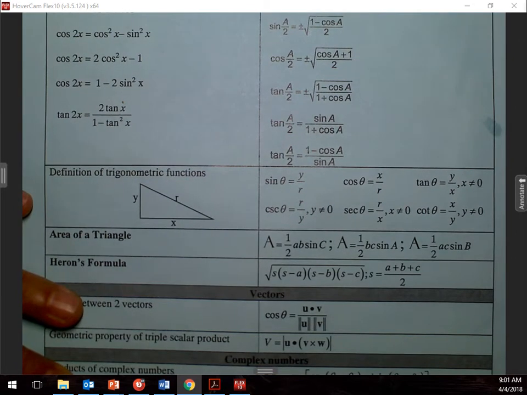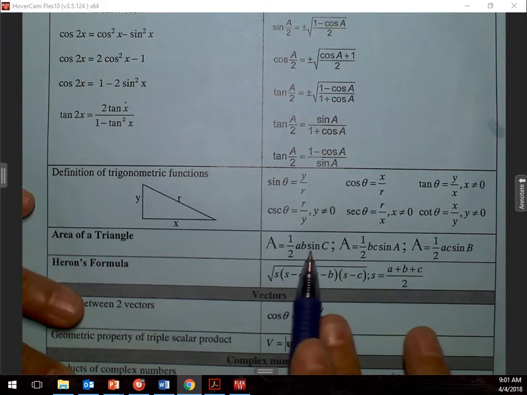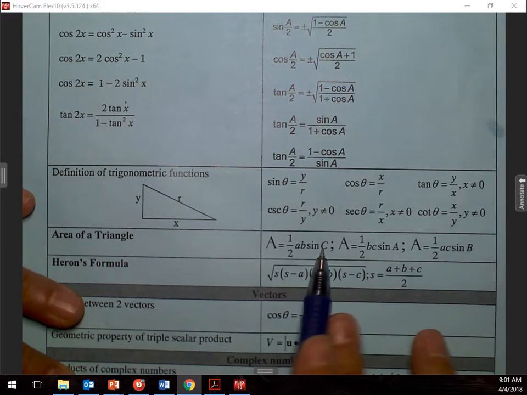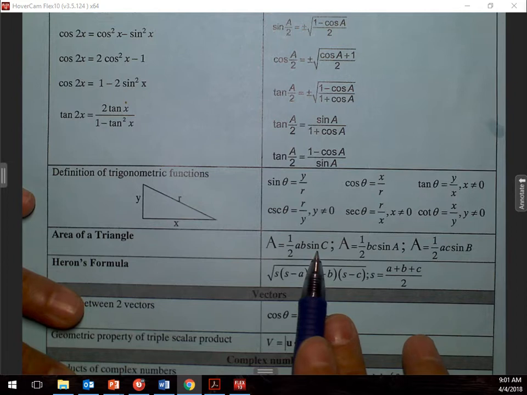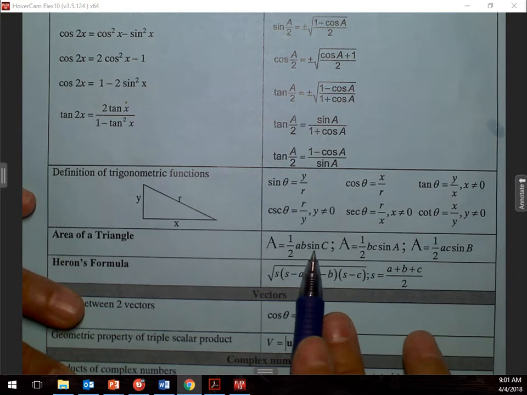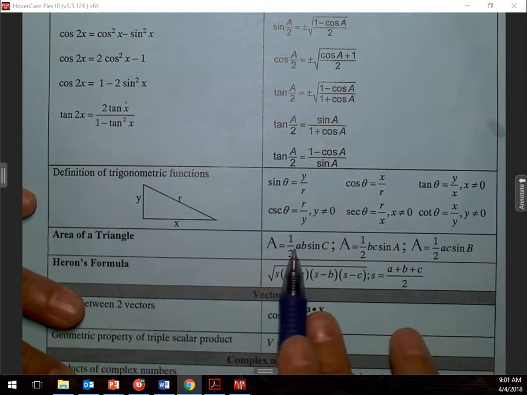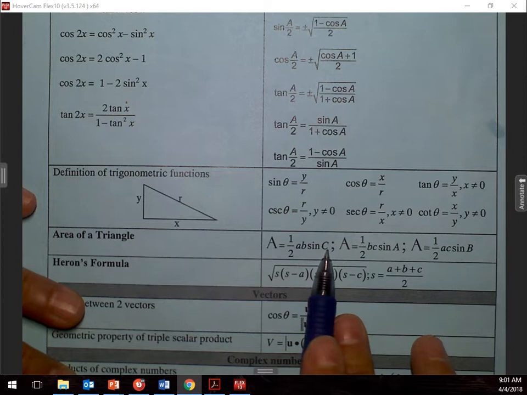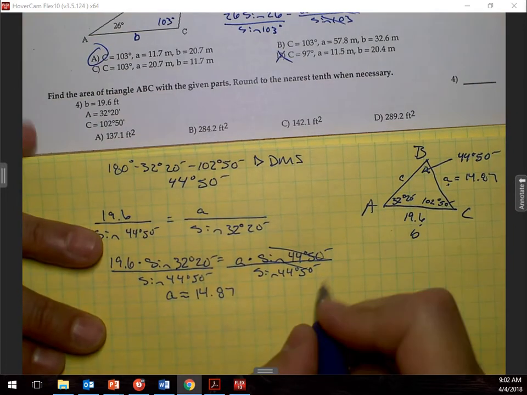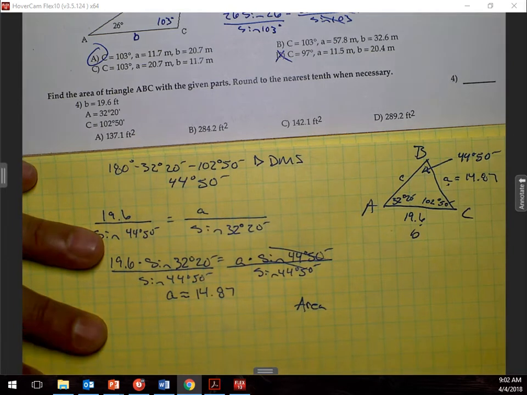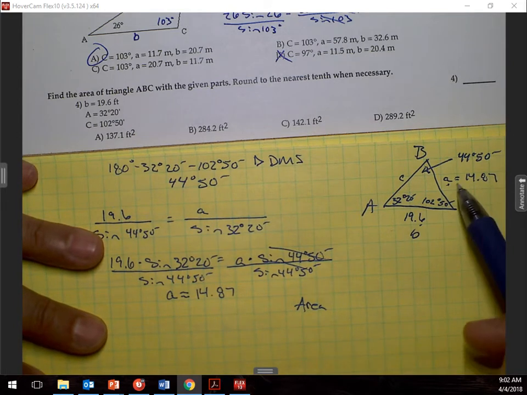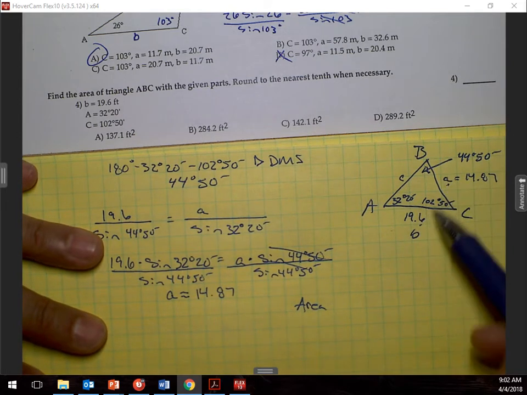Here's my area formula I'm going to use. It depends on the sides that I have. I have a, b, and all the angles, so I'm going to use C. It depends on what side you found, because you can't do the other ones if you don't have C.